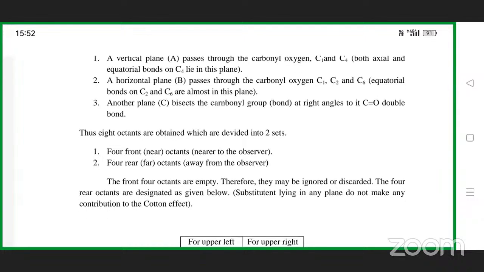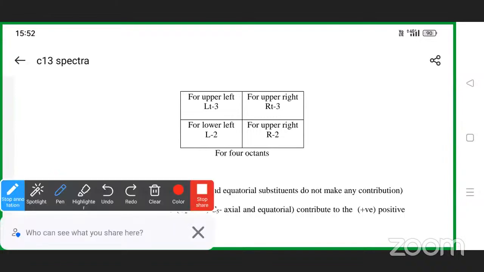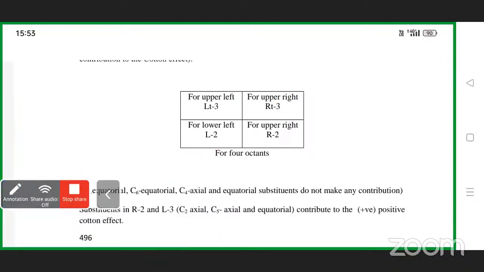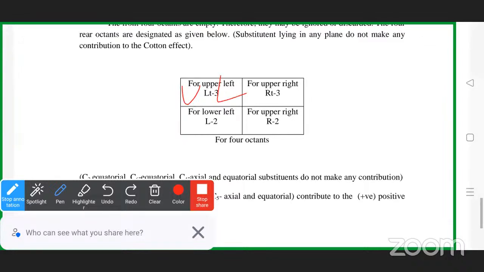Among these 4 coordinates you can see this is your upper left, UL, and lower left, LL.